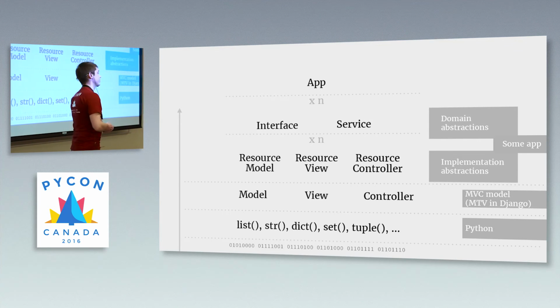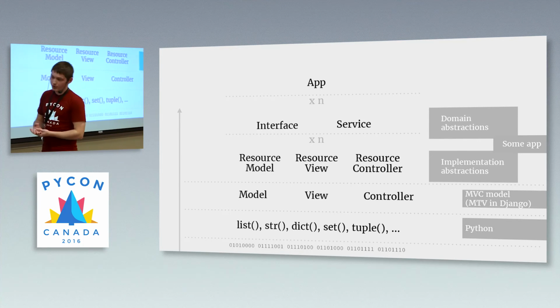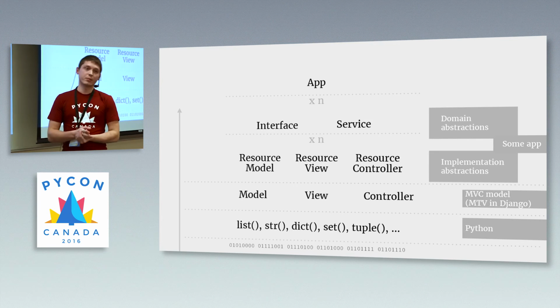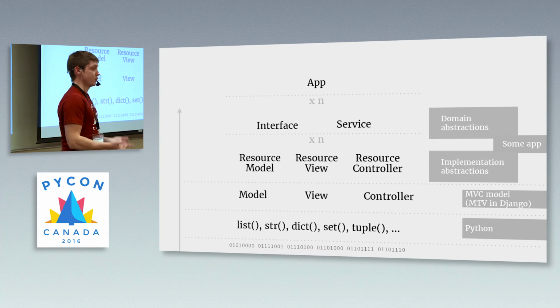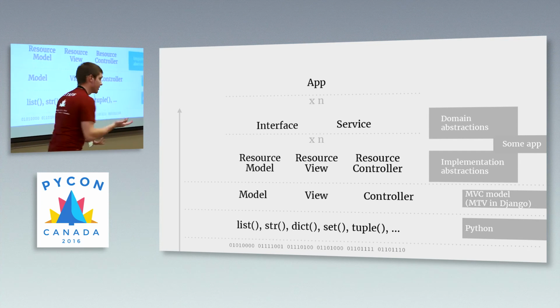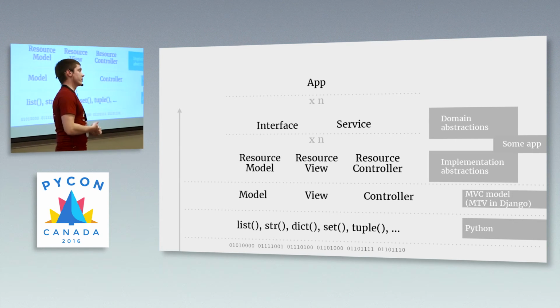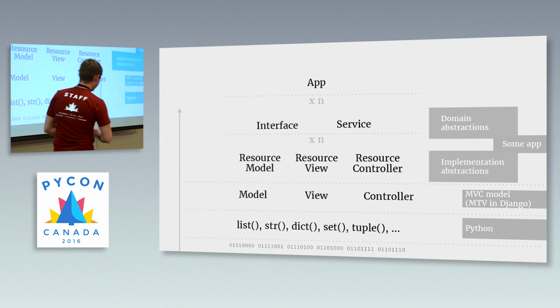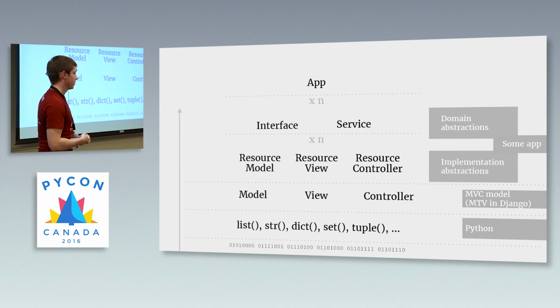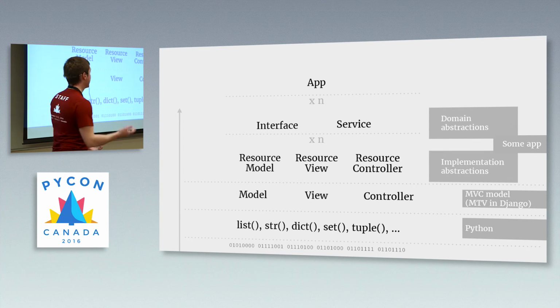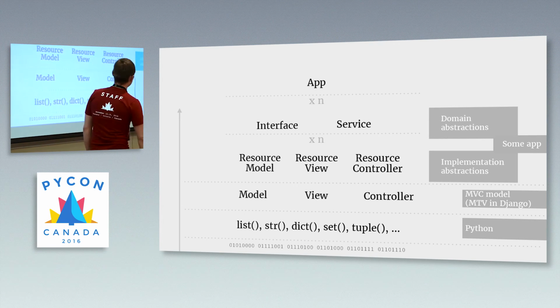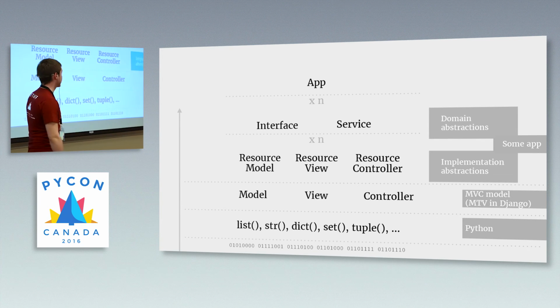But that's not enough, because those are the details of your implementation. You might have more complex things to worry about, like domain abstractions, because we all write applications that are meant for something outside of software development, right? We made them for users, and users have their own ideas of things.